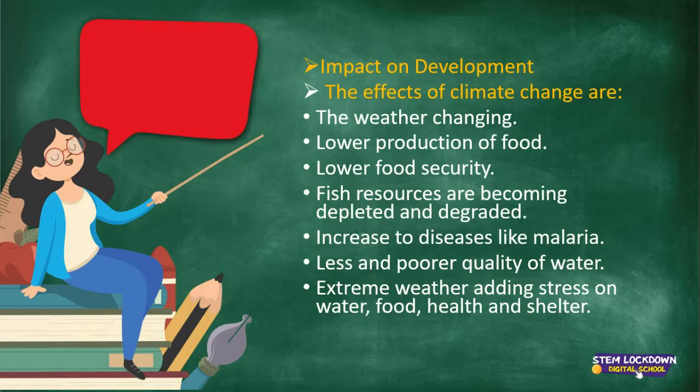So the fourth bullet point is fish resources are becoming depleted and degraded. So pollution, when we pump our waste products into the sea and rivers, it does kill our fish. And then another thing is that besides the killing of the fish by pollution, we do have overfishing too.